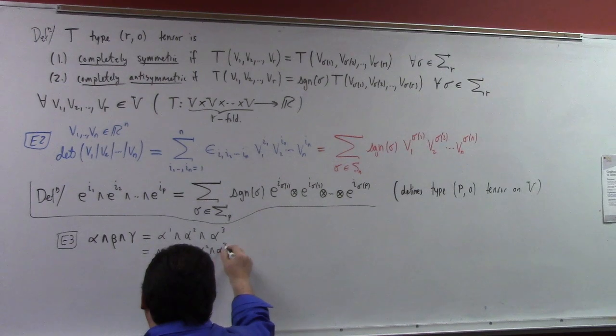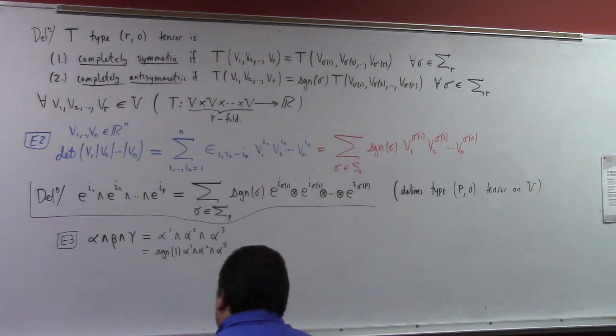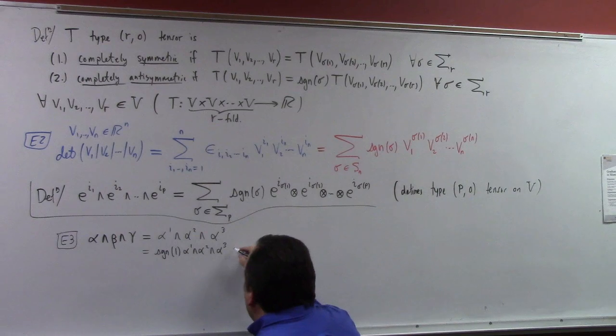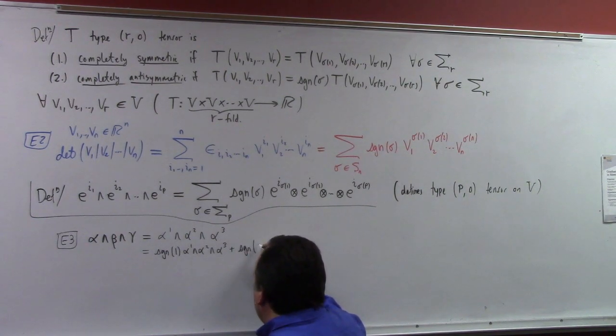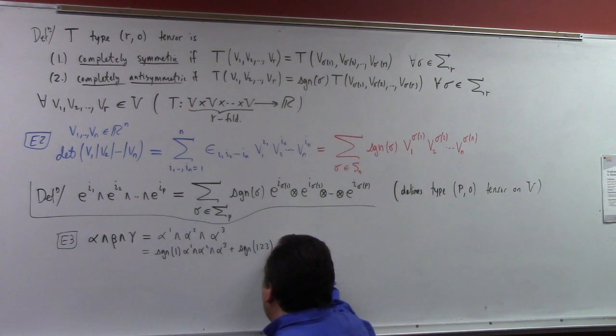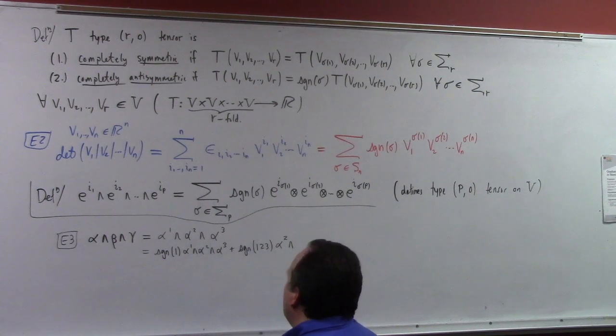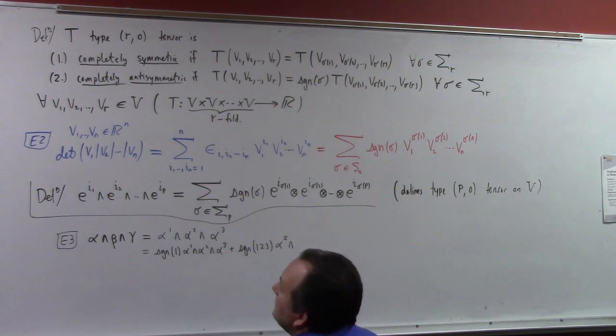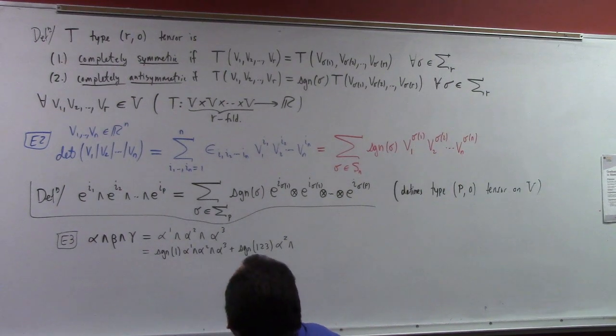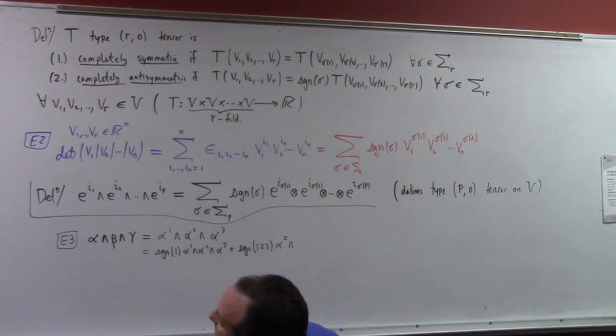It hurts me to write these, but I'll do it. All right, then plus the sign of the permutation 1, 2, 3, perhaps, right? And that would be 1 goes to 2. So I've got alpha 2 wedge... now I gotta think. One, two, three. So 2, 3, 1.